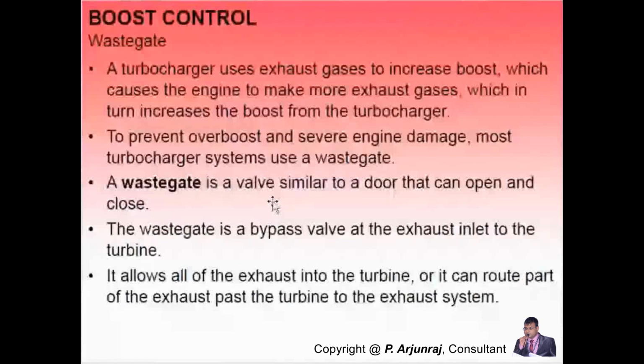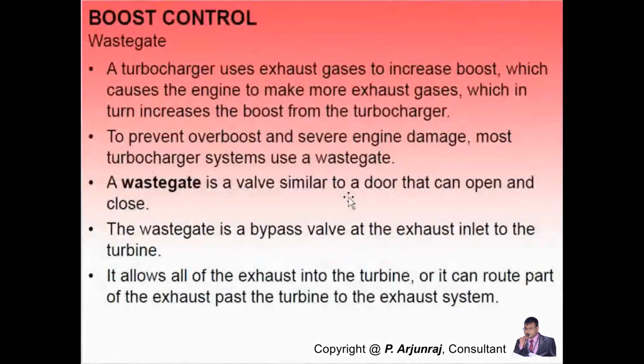This wastegate is basically a valve, similar to a door that can be opened and closed. You can open and also you can close it. When you open it, you can increase the boost pressure, and when you close it, you can reduce the boost pressure. And again, this is an adjustable one.